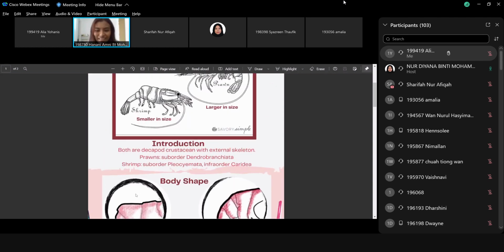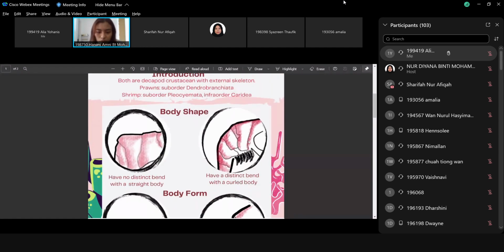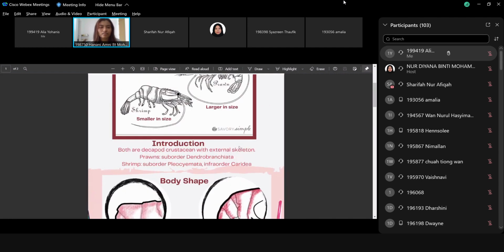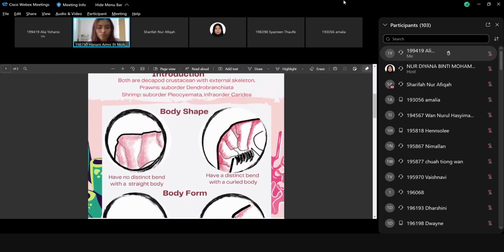My mistake, the left side is actually shrimp. Shrimps have no distinct bend with a straight body, while prawns have a distinct bend with a curled body. From the picture, we can see prawns are more curled, while shrimps are more like an angle. We can see it from the drawing that we drew.